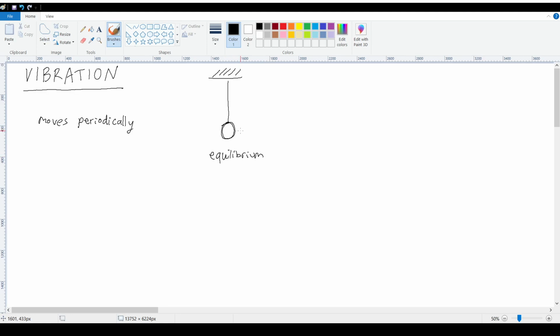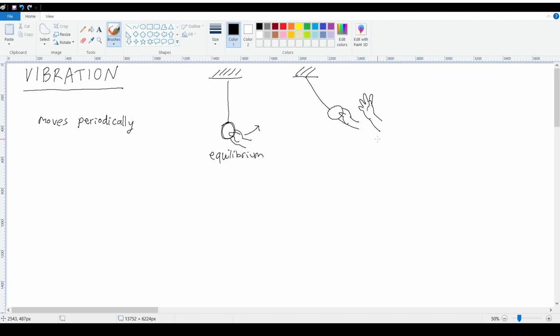Okay. Now imagine if we put our hands on this mass and we move it in this direction, so the mass will be in this position, and then we suddenly release our hand.